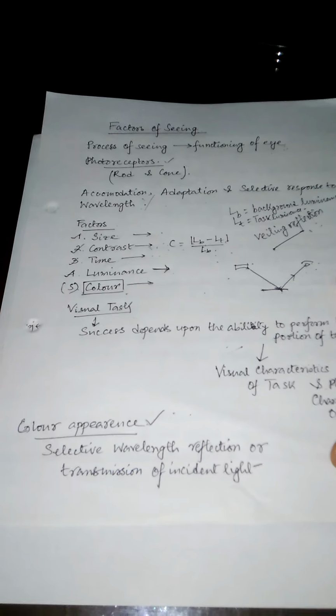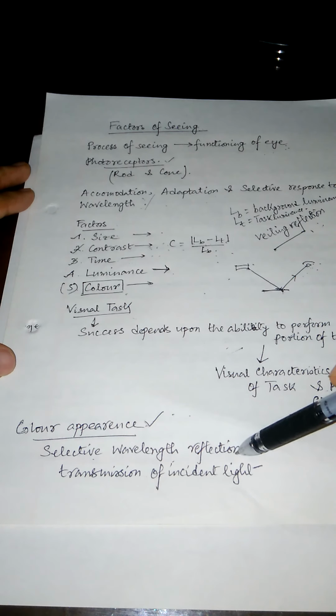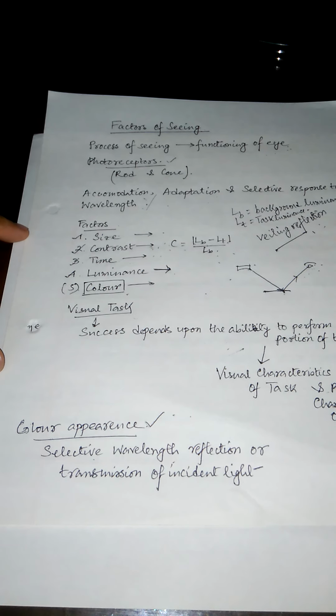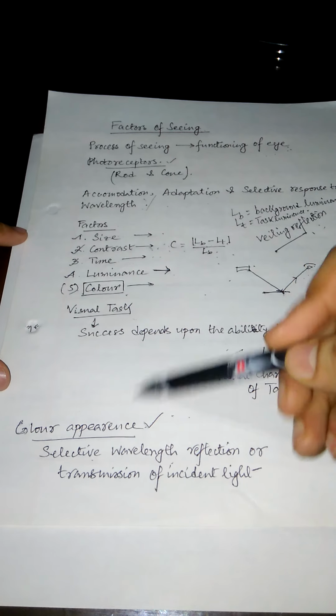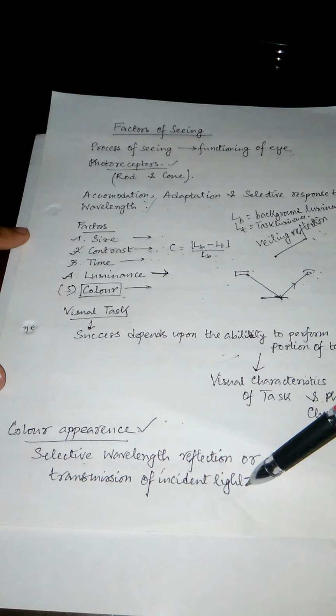So color appearance is the selective wavelength reflection or transmission of incident light. Already we discussed that the object has no color. Suppose we say this is red, this is blue, this is green, but the object actually has no color. So why do we consider it red, blue, green or different types of color? That is the selective wavelength reflection or transmission of incident light.